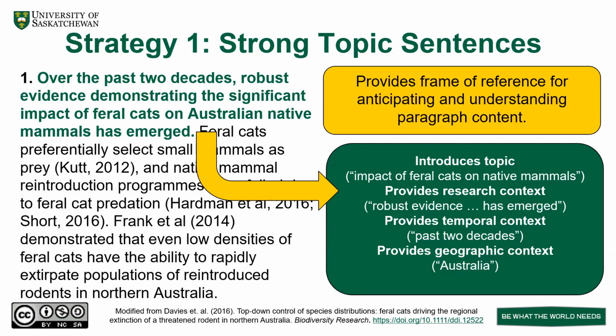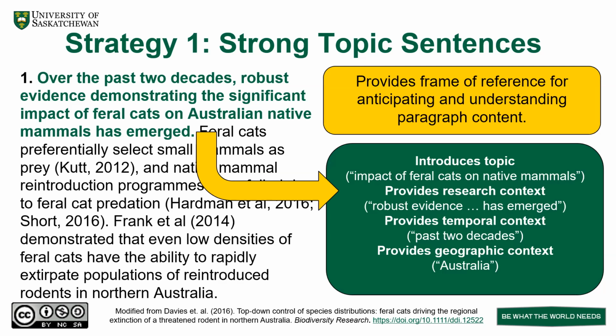We have a little bit of reference to a research context, so we know that this is something that is of interest to researchers. We have a sense of how long this research has emerged as an area worth investigating, so thinking over the last 20 years, and quite notably the geographic context.